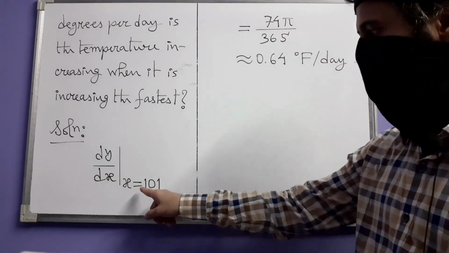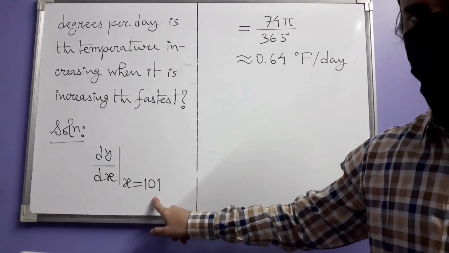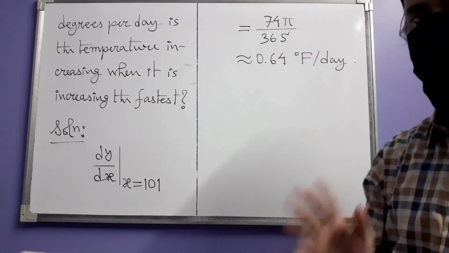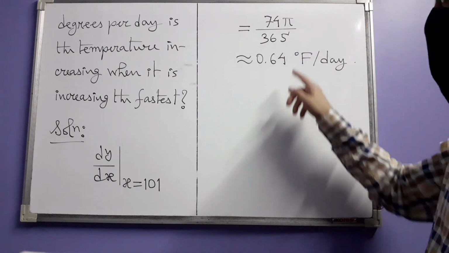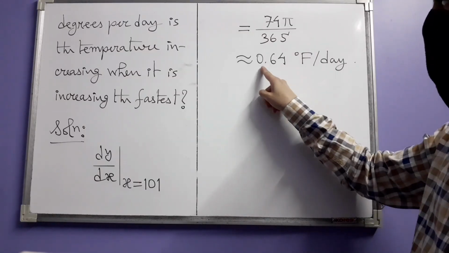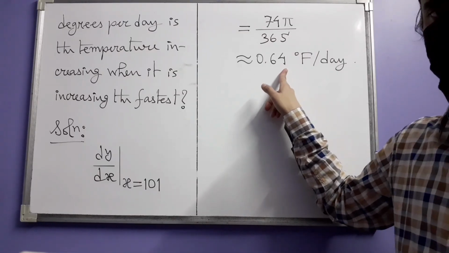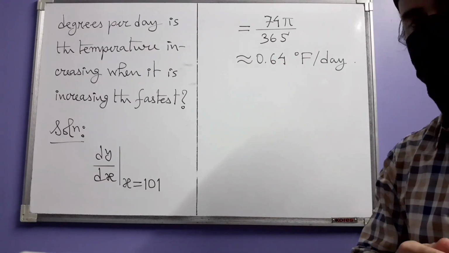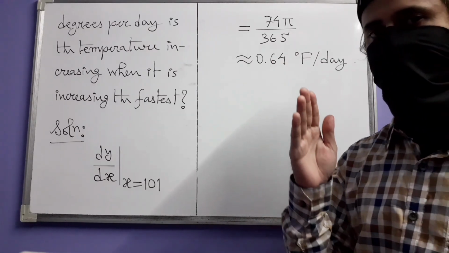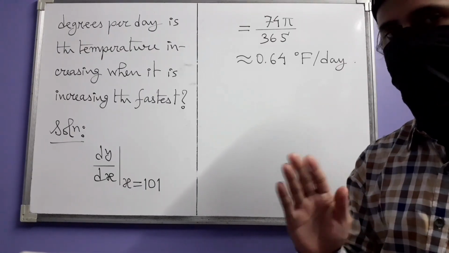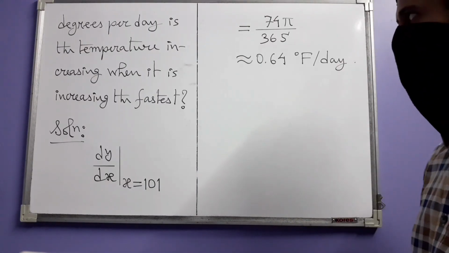So we calculate the derivative at that point x equal to 101, and of course the cosine term becomes 1, and when you do the calculation on your calculator, roughly this is the answer that you get: 0.64 degrees Fahrenheit per day is the rate at which temperature increases on day 101, and this is the fastest rate of increase.